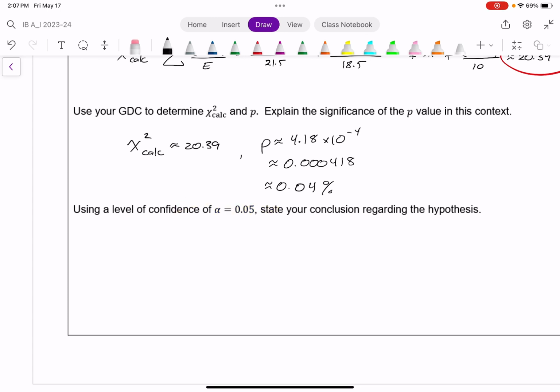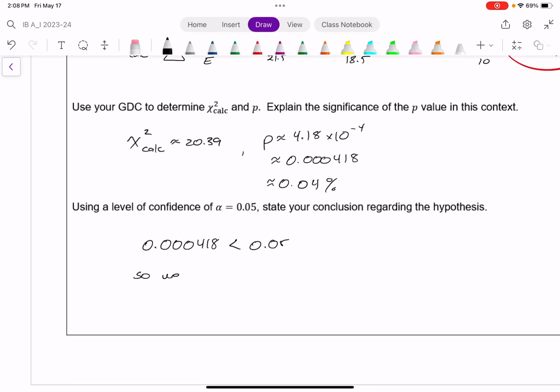And so I can see that our p-value of 0.000418 is definitely less than 0.05, which means this far exceeds our threshold for what we would deem as being a confident level that we would accept as saying this is not just chance. So at this point, this means that we reject H0. We reject our null hypothesis and accept H1, the alternative hypothesis.